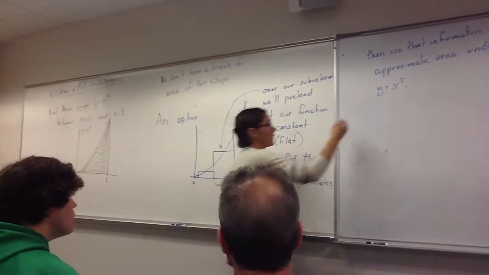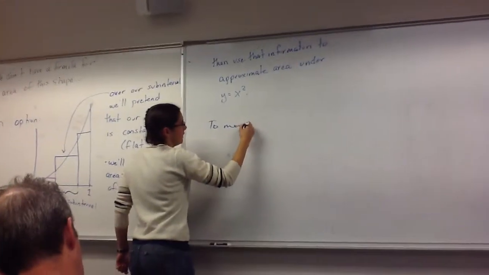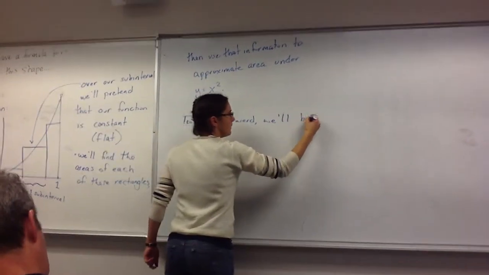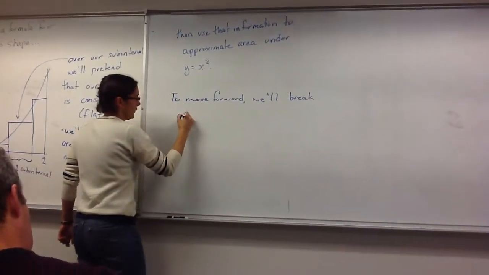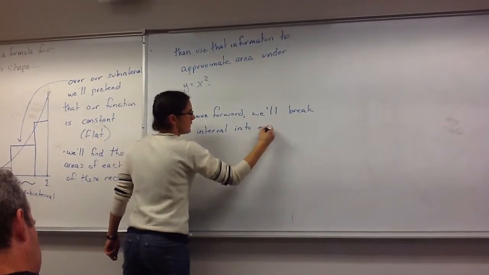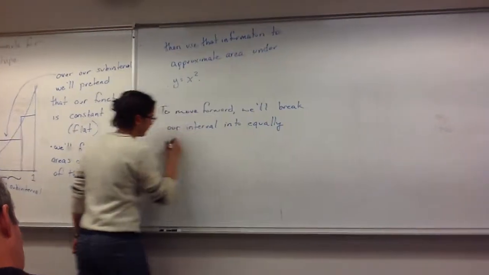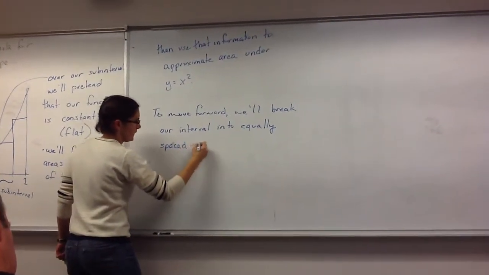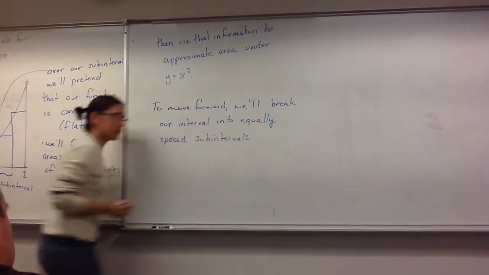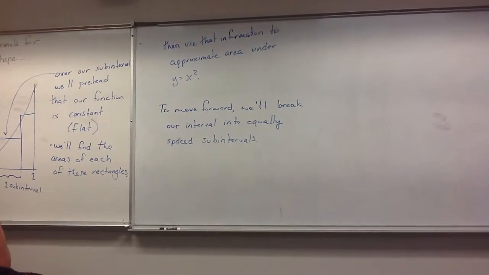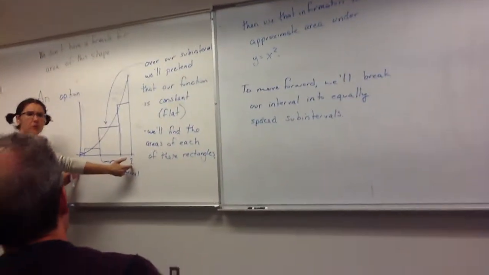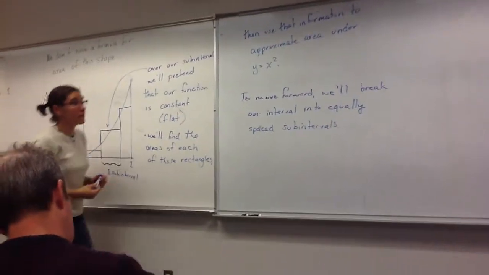So to move forward, we'll break our interval into equally spaced subintervals. So in keeping with the idea of 4-bit graphics, let's break this interval from 0 to 1 into 4 equally spaced subintervals.